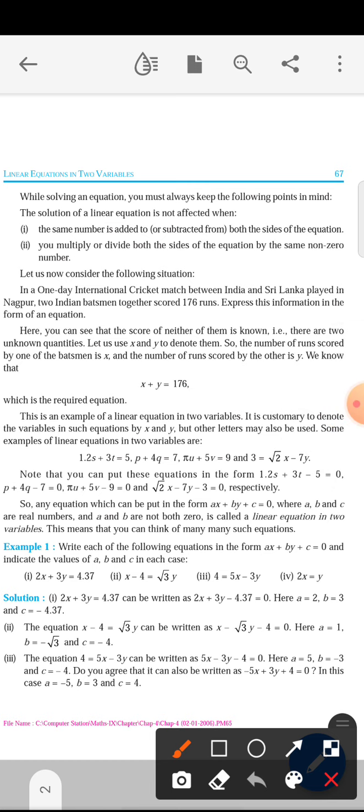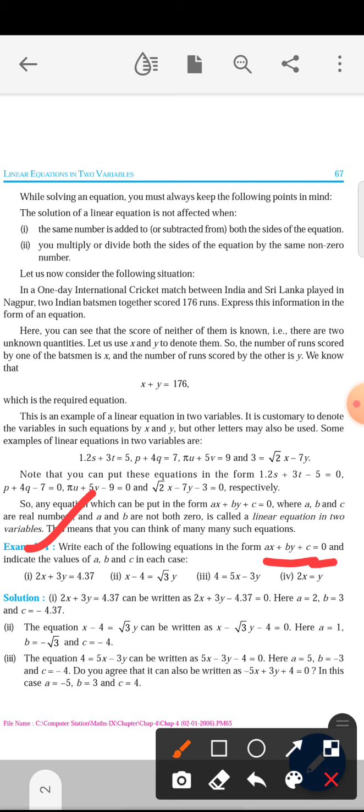Okay, now there are some examples given. Write each of the following equations in the form ax plus by plus c equal to 0, which is the standard form of a linear equation in two variables. Here a, b and c are constants and x and y are variables.